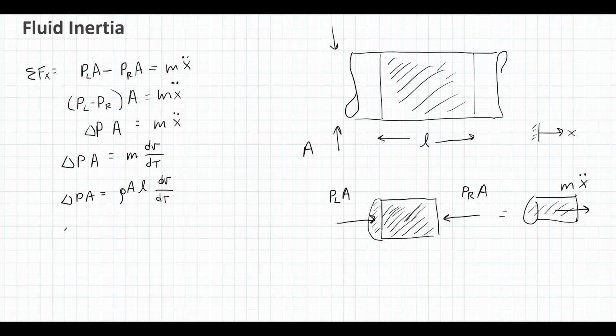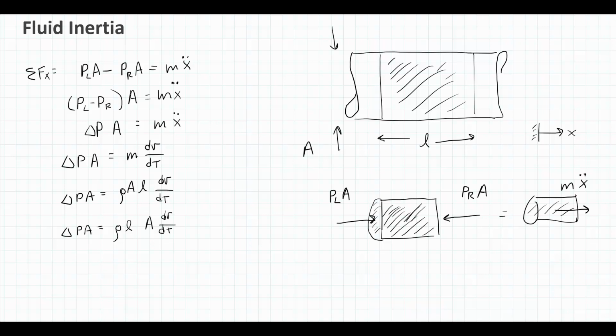I'll rewrite or rearrange this just a little bit. I will have rho and L, and then I will group A and dv dt. So the area times the acceleration of this fluid.